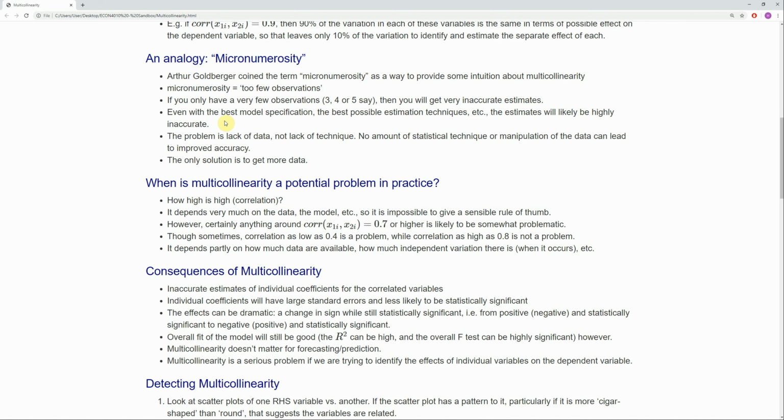So the problem is not the techniques or the tools that you have in your hand, but lack of data. No matter how advanced the technique you're using, as long as you don't have more data, you cannot solve this problem.